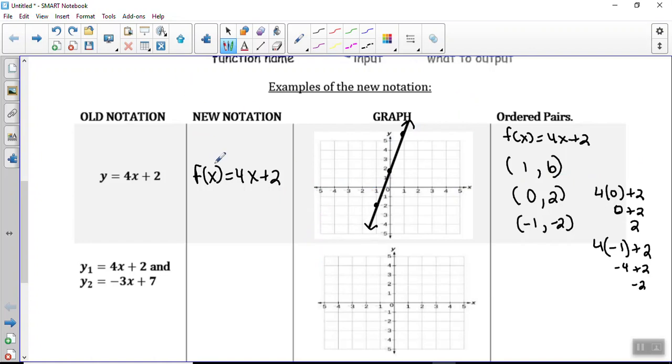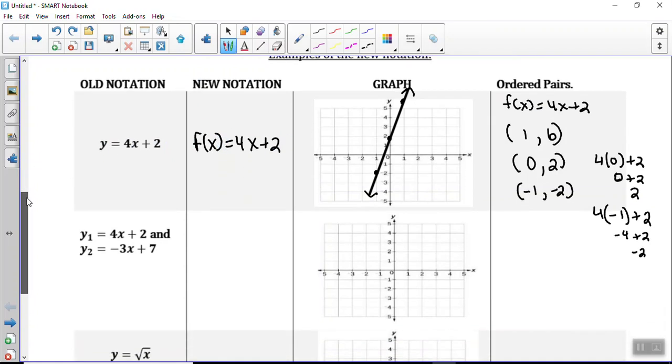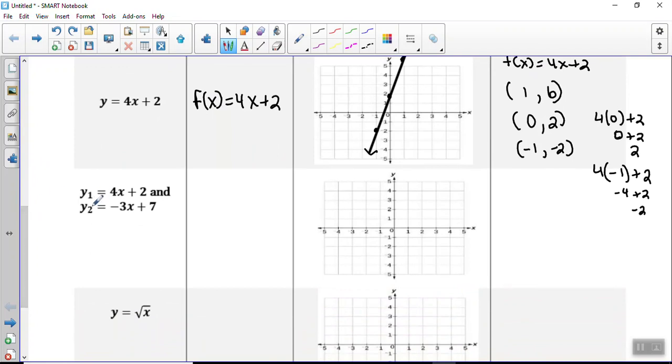But the main thing I want you to know is that over here your y is f of x. And when we do this, we know what to input, and we know the result is going to be your output. Another notation you might see is y1, y2. We're talking about two different functions.